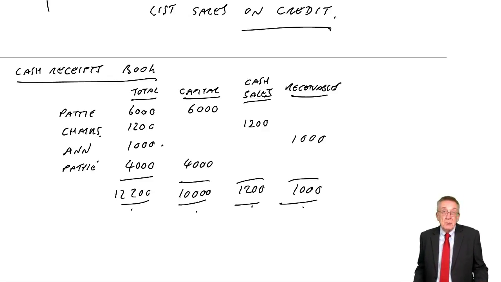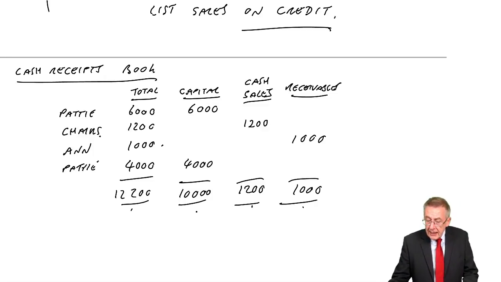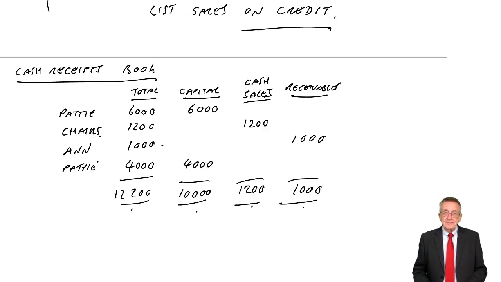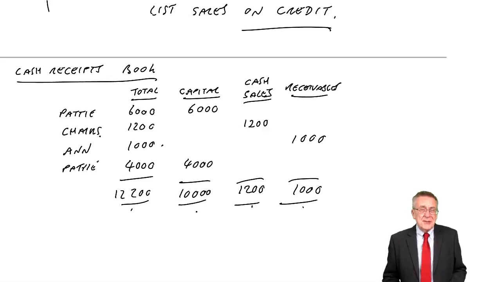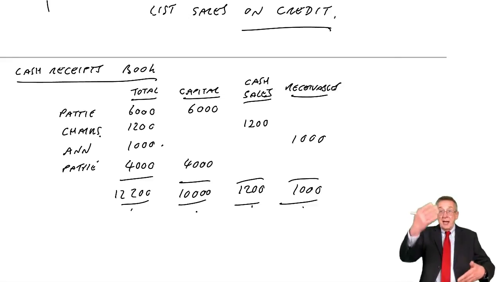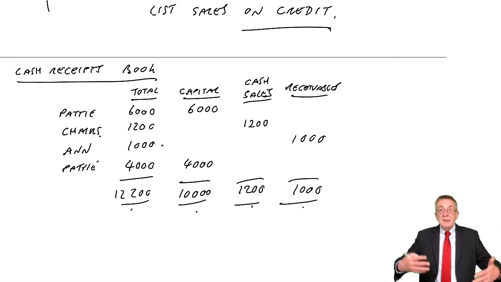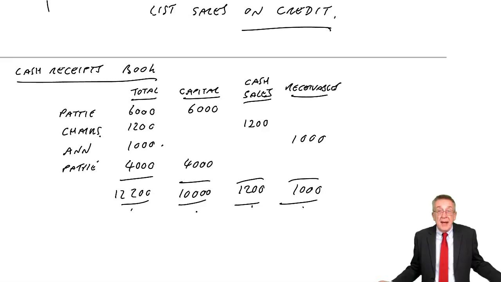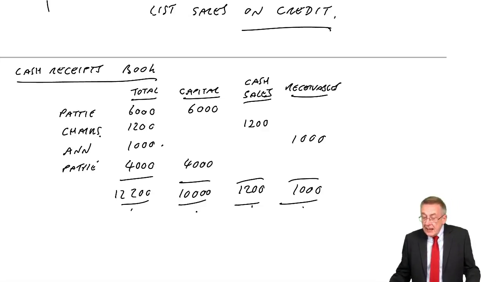It was a tiny example. But in real life, there could have been thousands of receipts, and you'd be going down a huge list, looking to see were any of them from Anne. So in real life, it's going to be ridiculous. The customer rings up, they want to know instantly. They don't want to wait half an hour while we go down great long lists of figures and maybe miss some anyway.